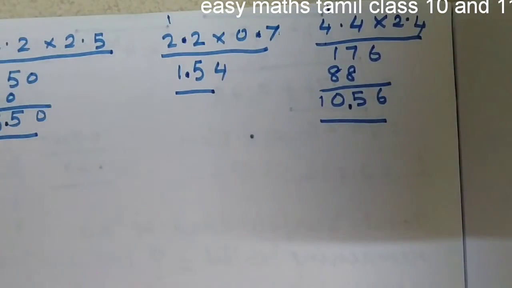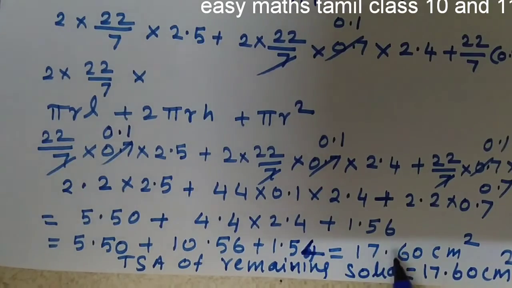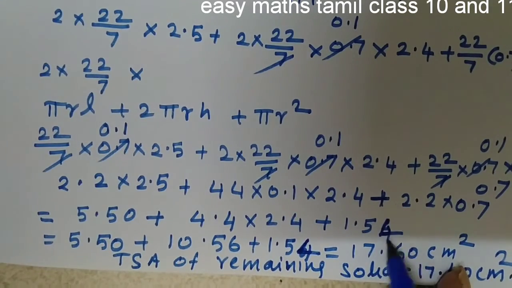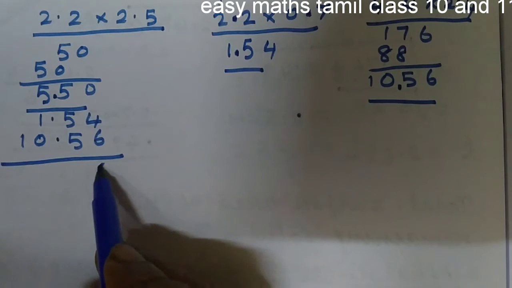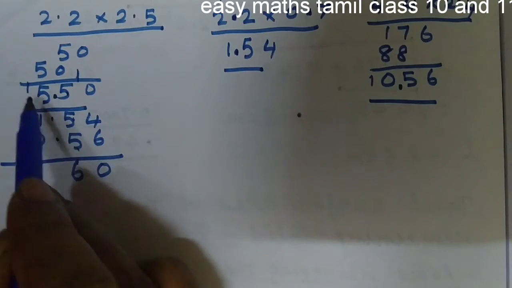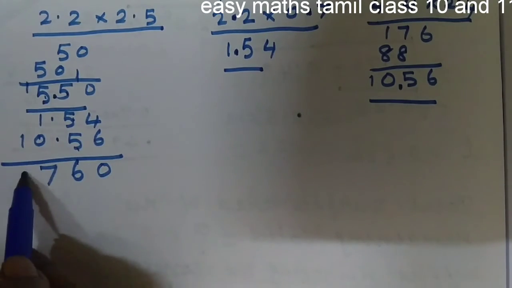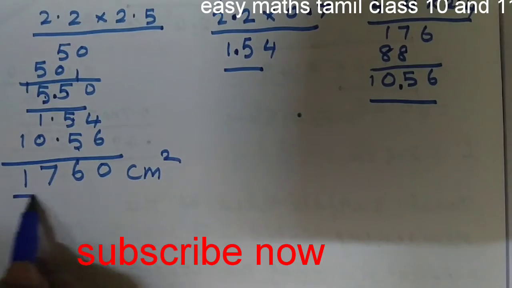10.56 plus 1.54. 2.2 into 0.7 is 1.54. Adding, we get 17.60 centimeter square.